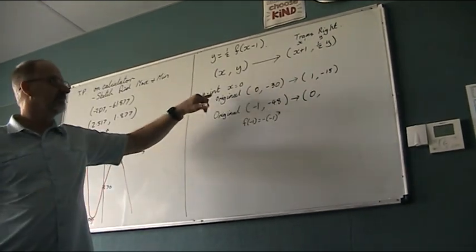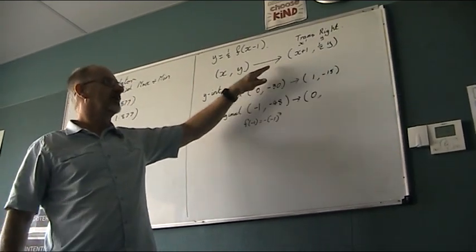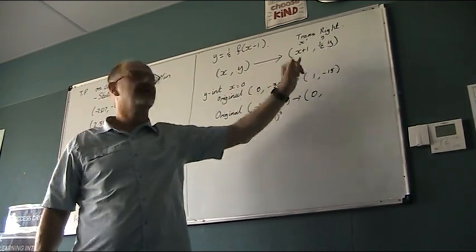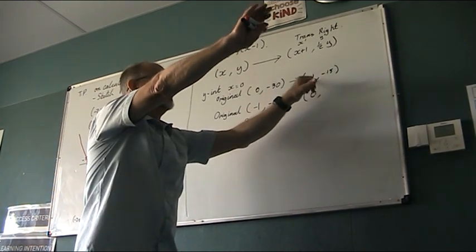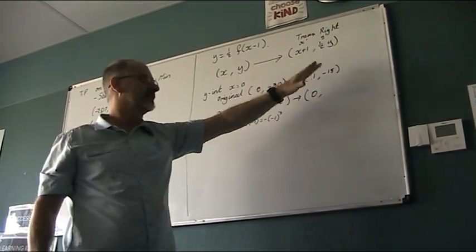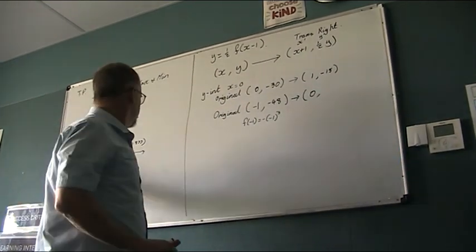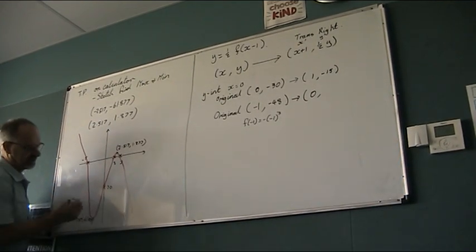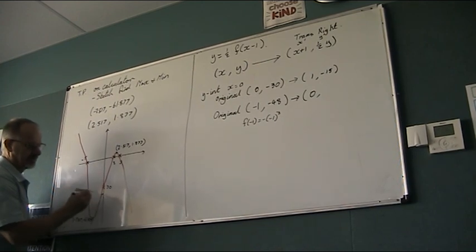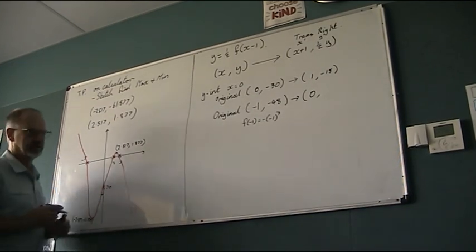Because our original y-intercept was 0 and -30, but we've got a translation to the right. So our original one's now moved across 1, and then of course the y value is half. Because it's moving across, we're looking at this point here moving across 1 to now be the y-intercept.